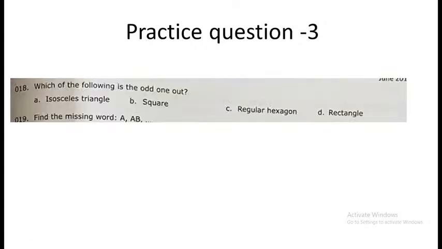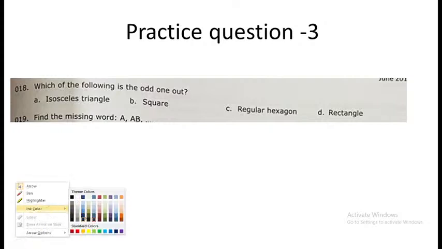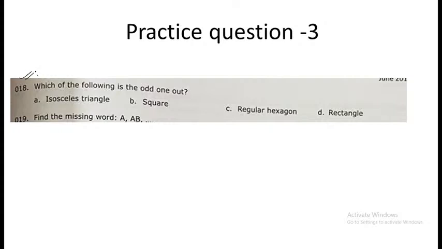Next question again, which of the following is odd one out? Try to find the answer for this question. I have brought very basic questions for you today, for you to understand that these type of questions are also asked in the examination. Okay.